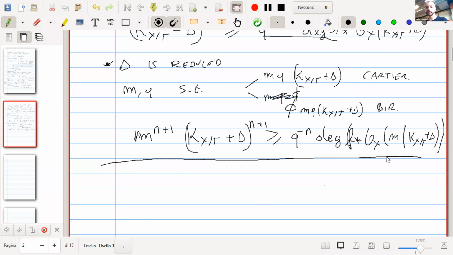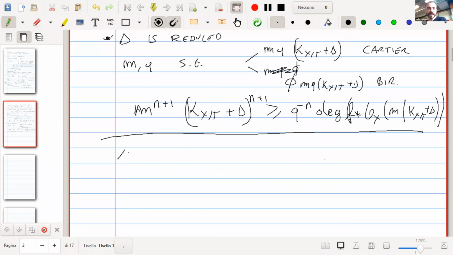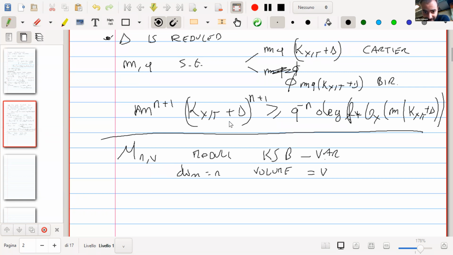Let me give you the application about the moduli space now. So we have M_n(V), the moduli space of KSB varieties. So the KSB moduli space, which is projective, as you know, with dimension equal to n and volume equal to V. I'm not including pairs because for many results I cannot work with pairs.